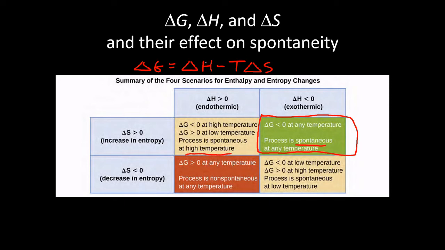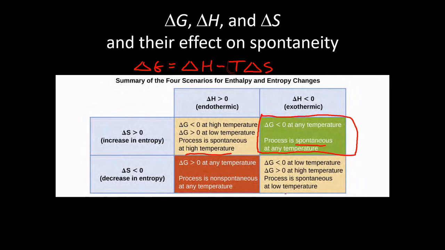The reason for that is that usually delta H is bigger, most of the time, than delta S. But if the temperature part of the equation gets bigger and bigger, that will eventually overwhelm delta H. It's different for each reaction at what point that happens, but eventually, if you keep increasing the temperature, this part of the equation will become larger than delta H, and you will have a spontaneous reaction.